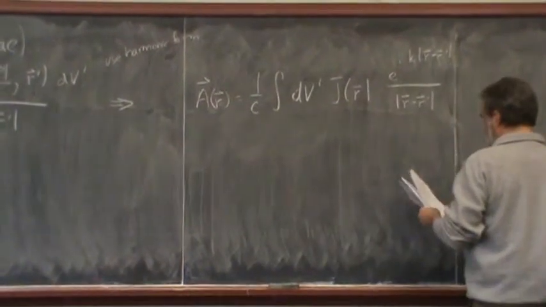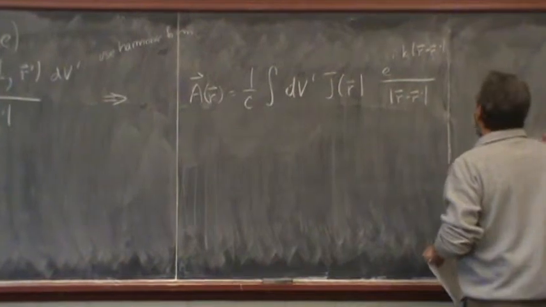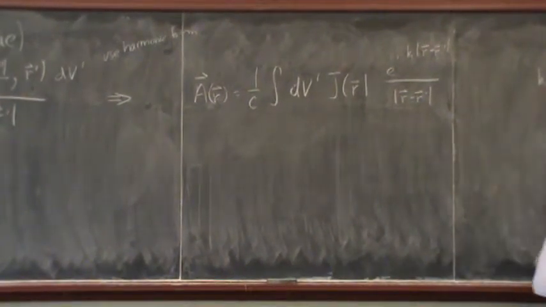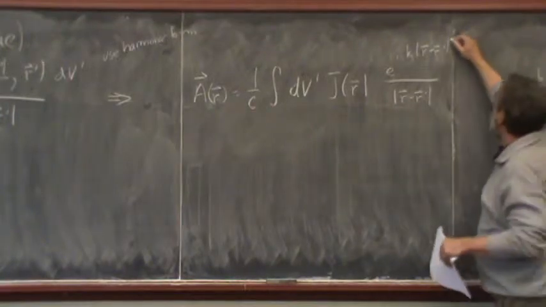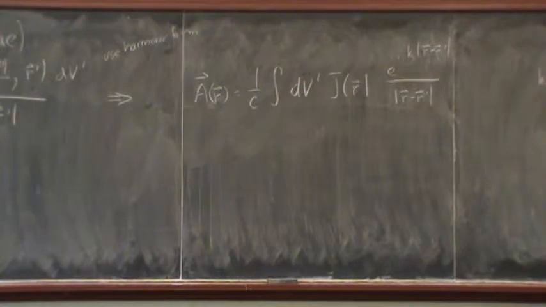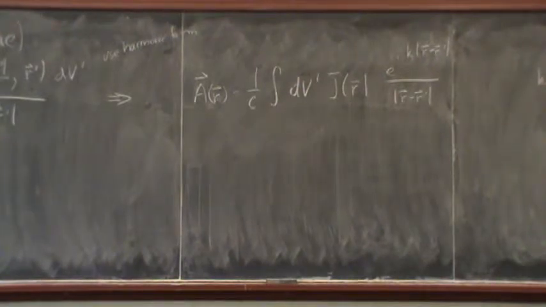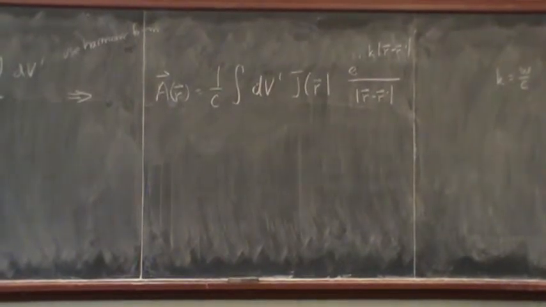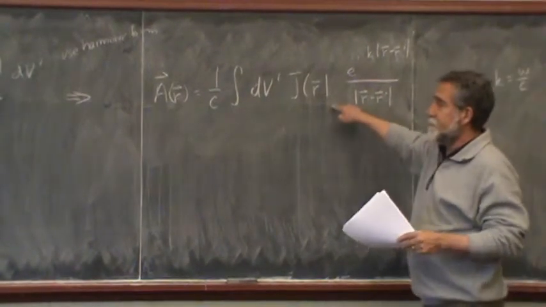Absolute value signs, where I've used k is equal to omega over c, right? So I got rid of my omega there. And yes, I've made a substitution for j.